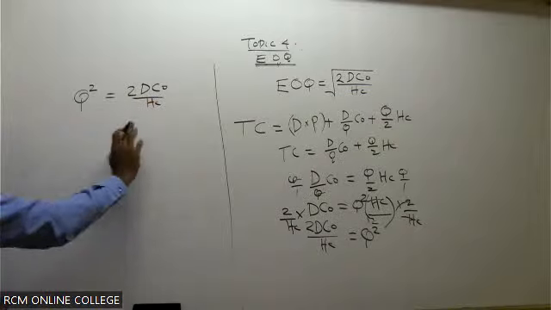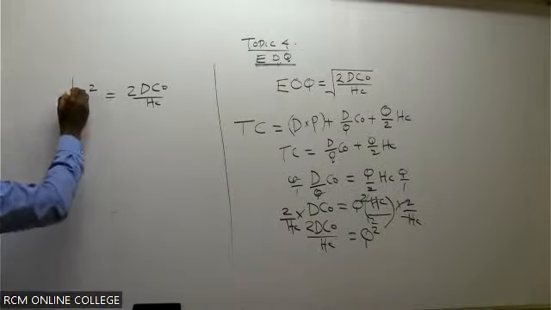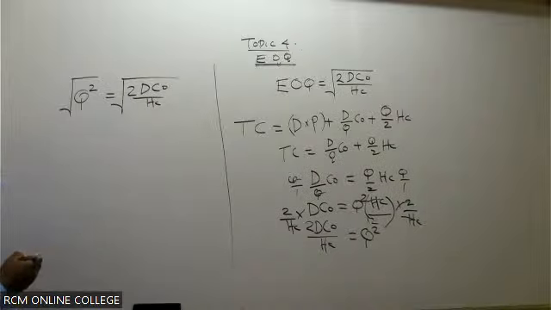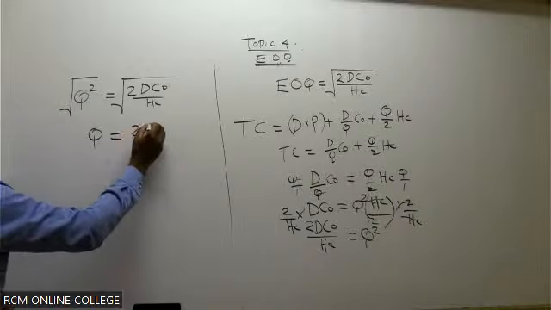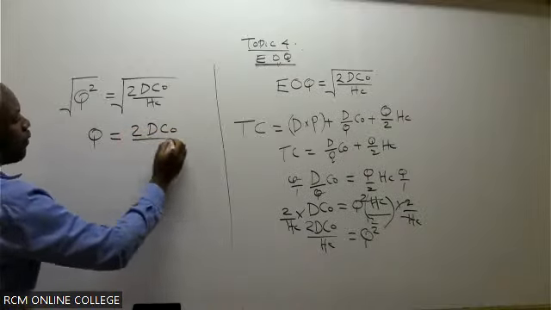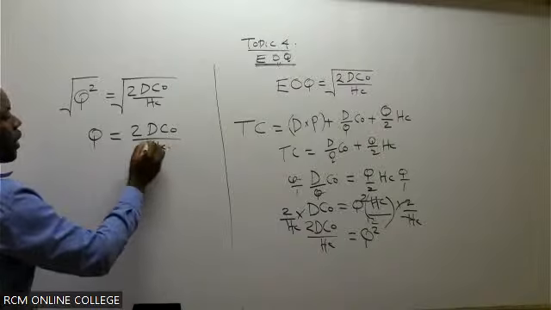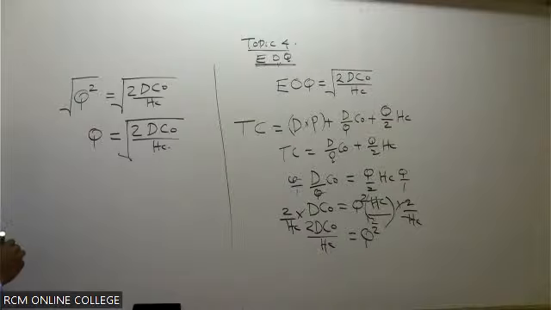Remember, my interest is to get Q, not Q squared. So I need to get the square root of everything, making Q equivalent to the square root of 2 DCO over HC. Once that is done, I'll be able to get this Q here.